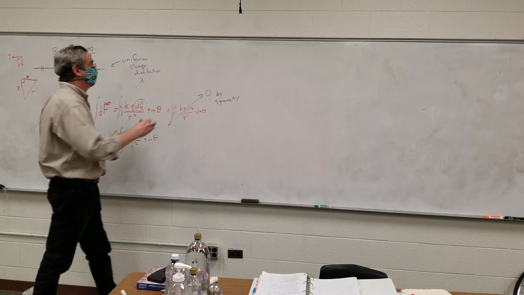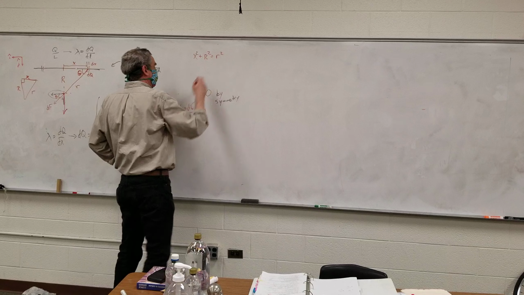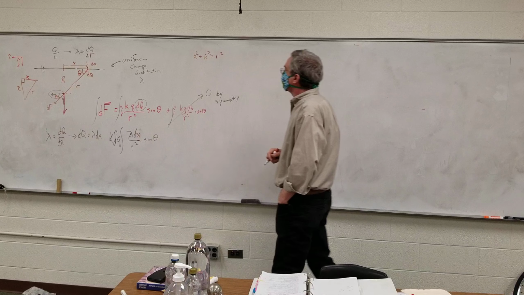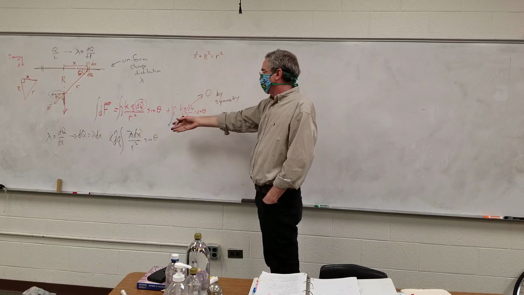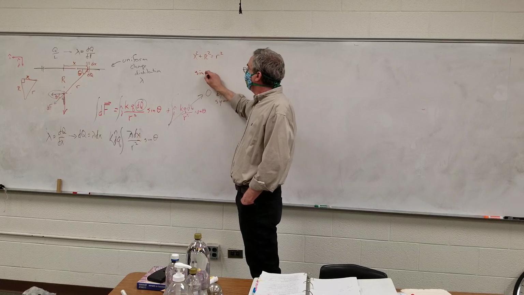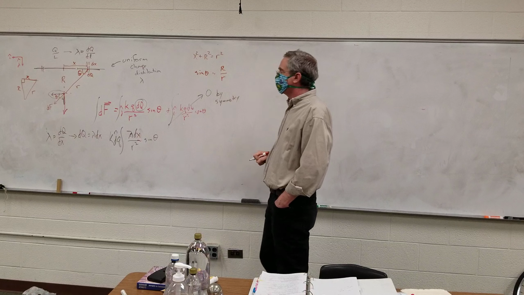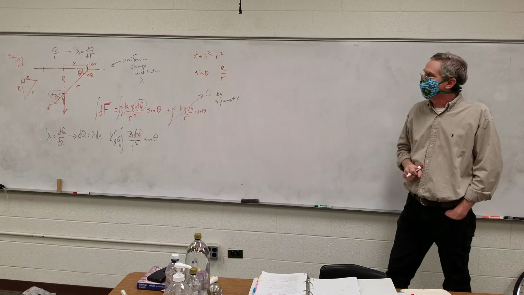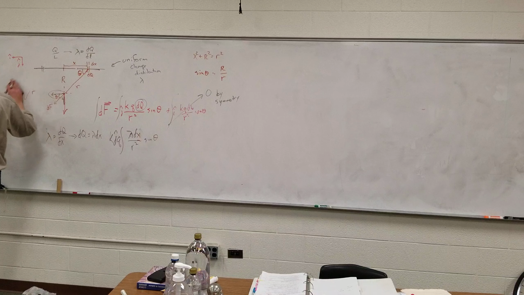I know that x squared plus big R squared equals little r squared. So I can stick that on the bottom. Sine of theta is the opposite over the hypotenuse, so that's big R over little r.